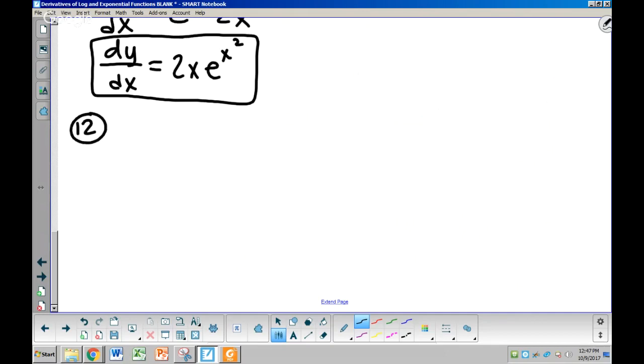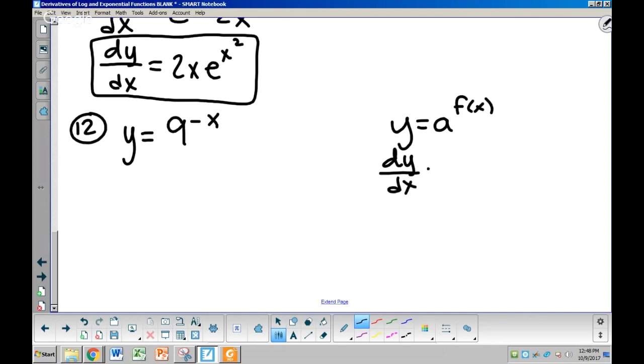Number 12. Y equals 9 to the negative x. And do we remember what that rule is? It's okay to say no. You can flip back a couple pages. If y equals a to the f of x, dy dx is ln of a times a to the f of x times f prime of x.